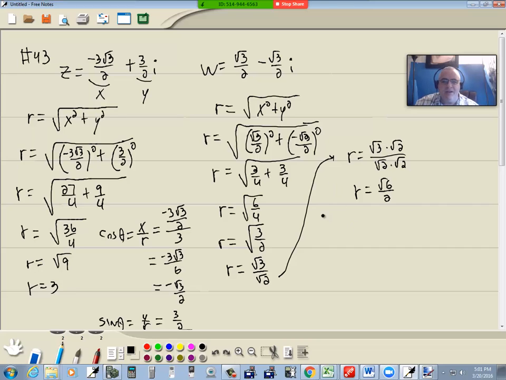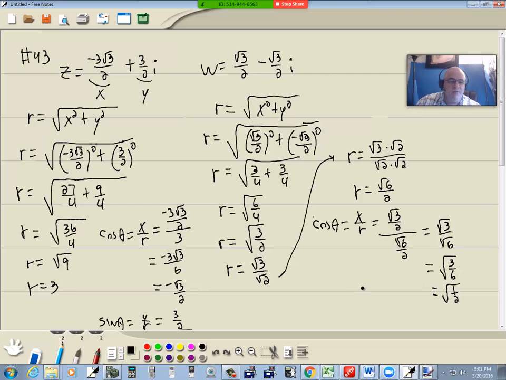We'll see. Okay. And cosine theta is equal to x over r. So we've got square root of 3 over 2 over square root of 6 over 2. 2's cancel, and we've got square root of 3 over square root of 6, which gives us square root of 3/6, which gives us square root of, okay, now it's looking better, square root of 1/2.